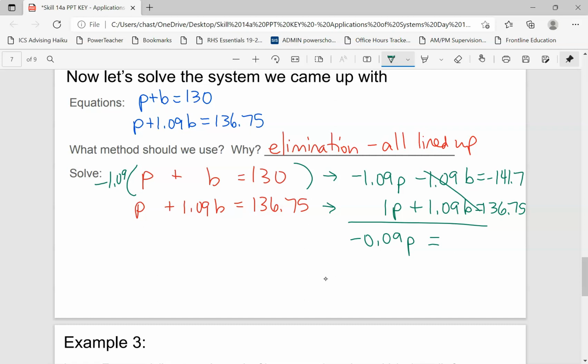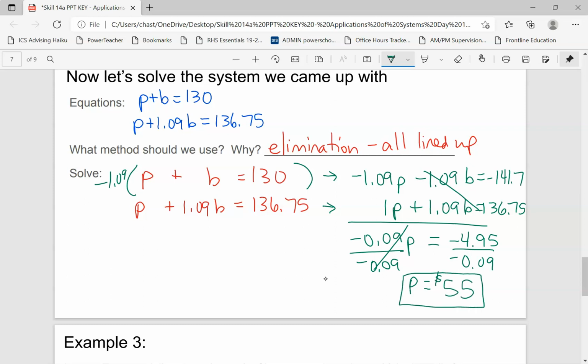And then I take my 141.7, make it negative, and add 136.75, and that gives me negative 4.95. Divide by negative 0.09, and we get $55 for the pants.